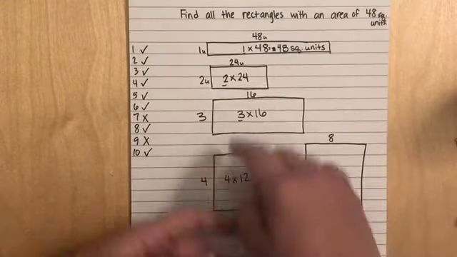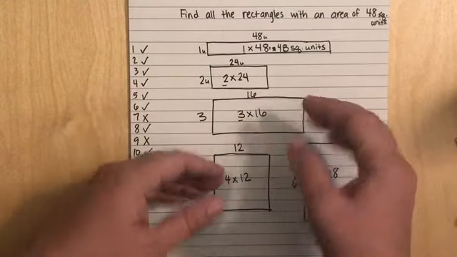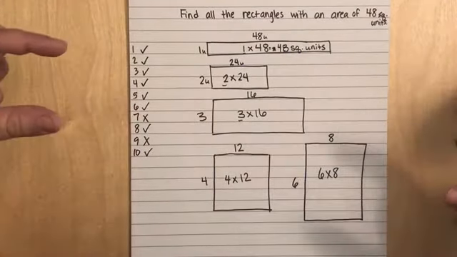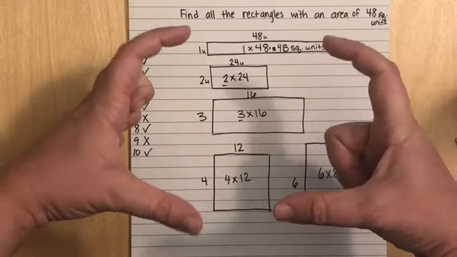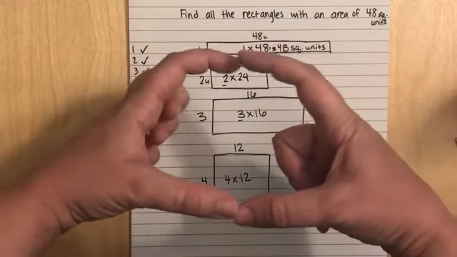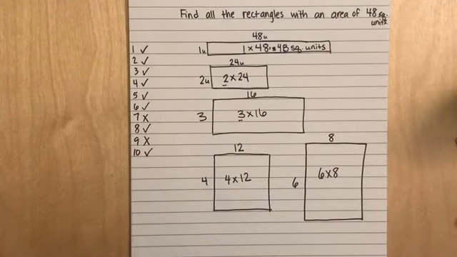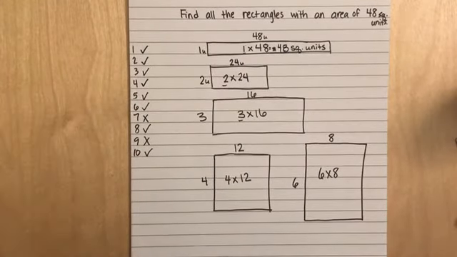Now how I drew them doesn't really reflect that, but once we do some more hands-on work in class, you're going to see that the rectangles start to get a little shorter and fatter the more down the list that you go. So this list works.